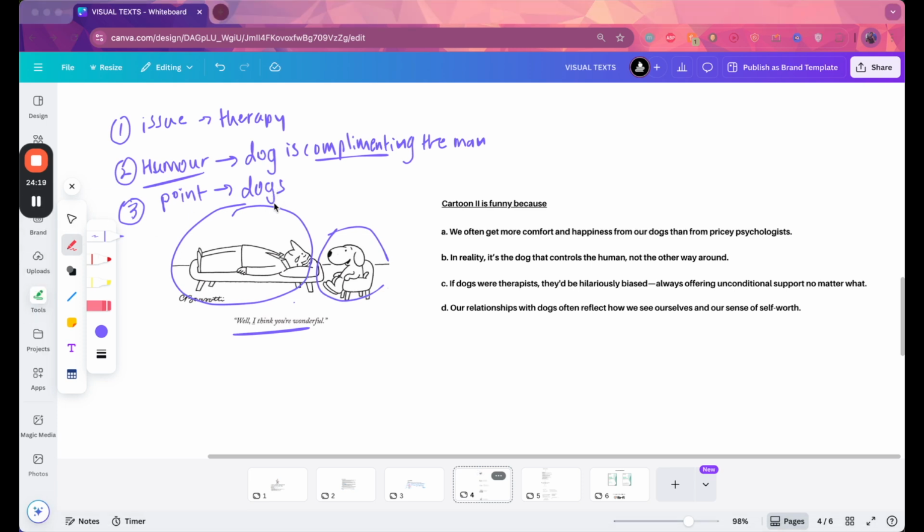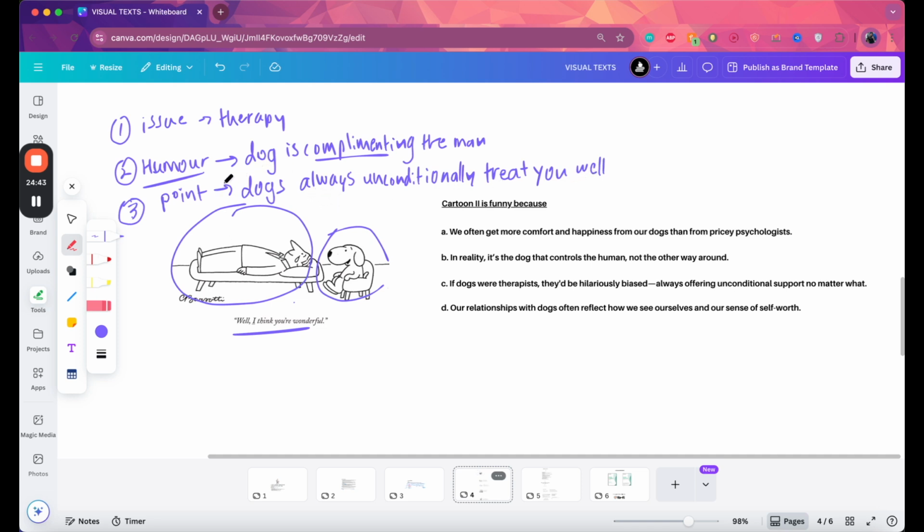Or maybe I should say it more like: dogs unconditionally treat you well, and that can make them not effective therapists, because they'll never really tell you any mistakes you're making.